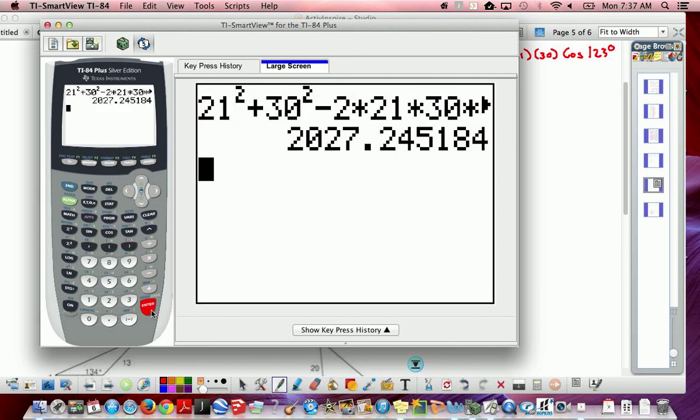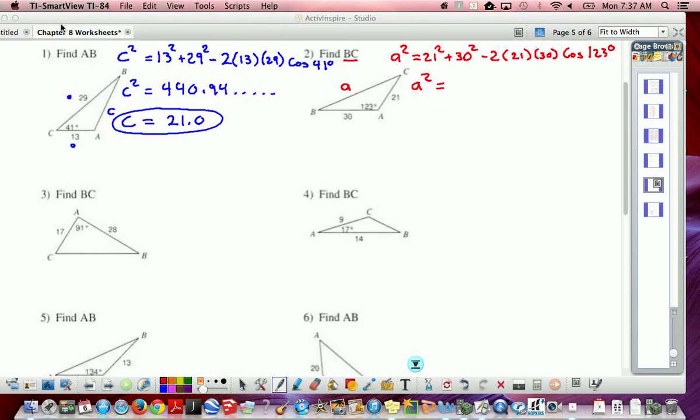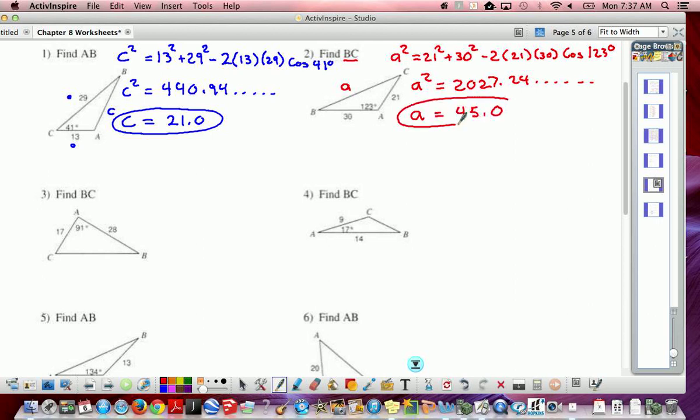Enter that. I'm going to square root it, but I am going to jot it down here. I kind of do 2 steps at once. So I know my final answer is going to be 45.0. So a squared was about 2027.24 dot dot dot. A ends up being 45.0.